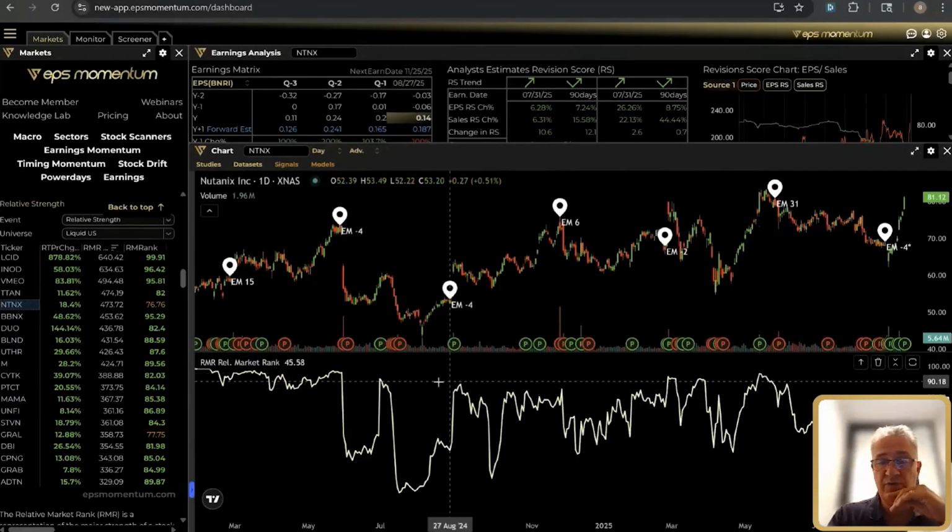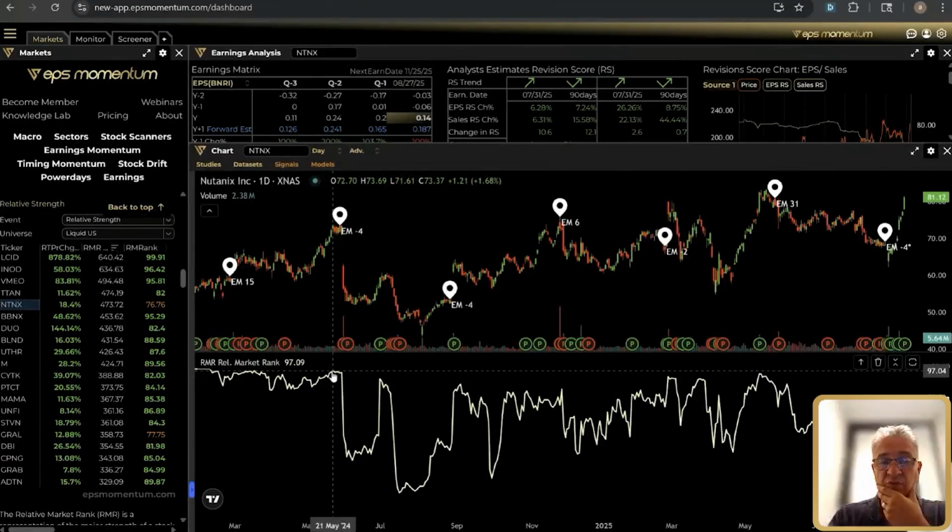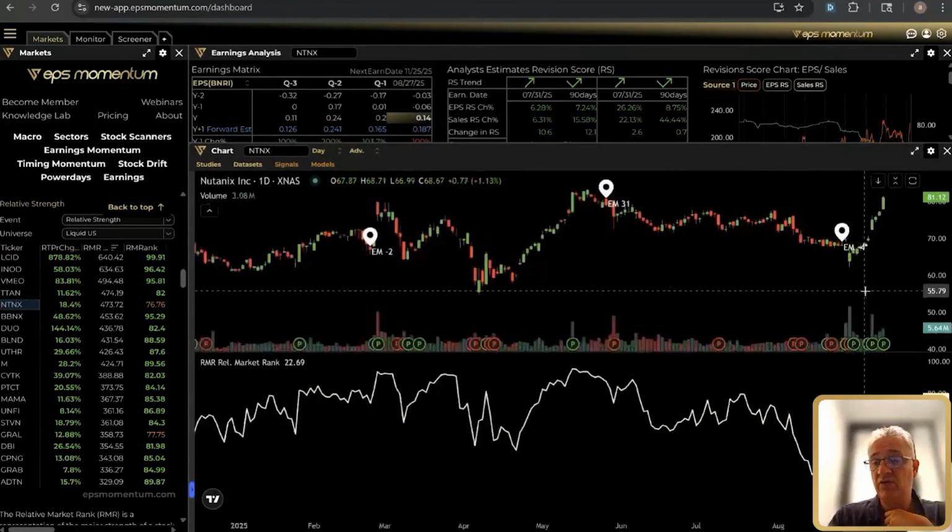So if you're 100 here, that means your performance for the 1 month, 3 months, 6 months, 1 year is better than 100% of the stocks. They're better than all the stocks. If it's 76, you're better than 76% of all the stocks in the database. So you're good.